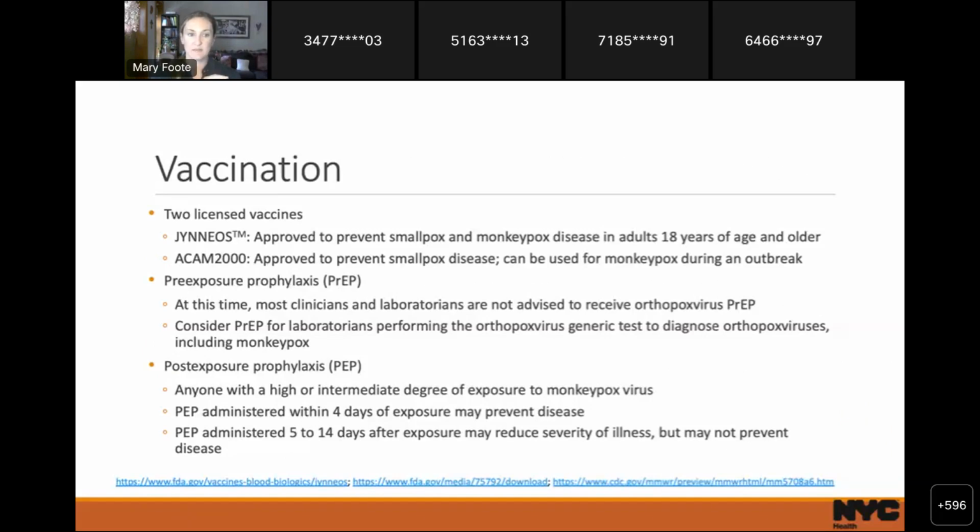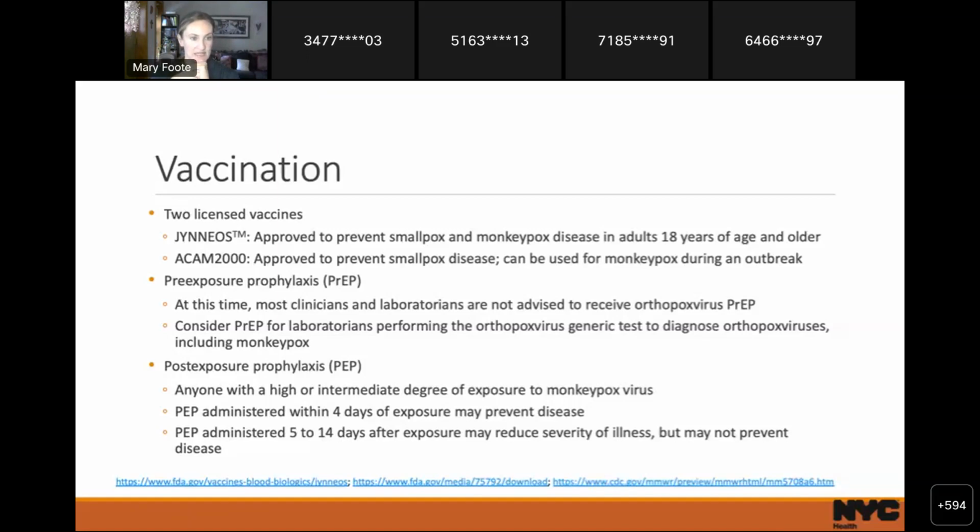And then there's ACAM2000, which is the older live replicating version that has to be given by scarification with a bifurcated needle, a more complicated process, and has a much greater risk for complications than JYNNEOS. So we have preferred to use JYNNEOS, which is a live virus but non-replicating and has a very good safety profile.